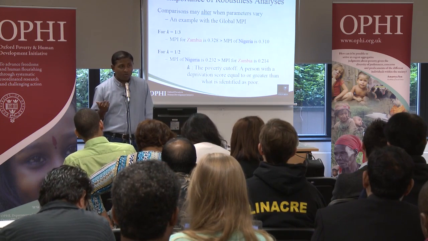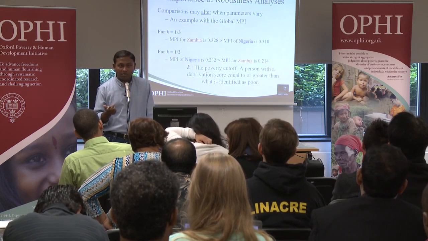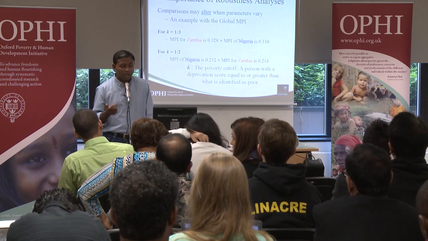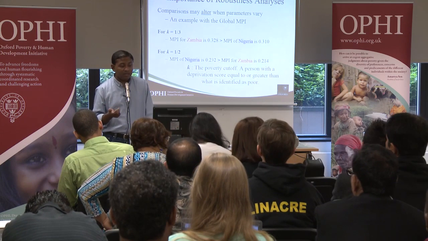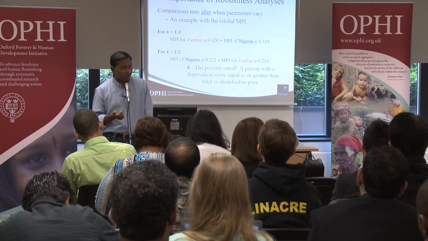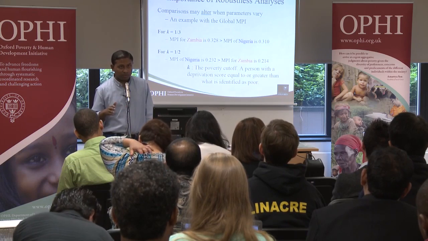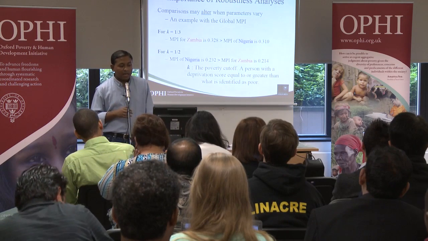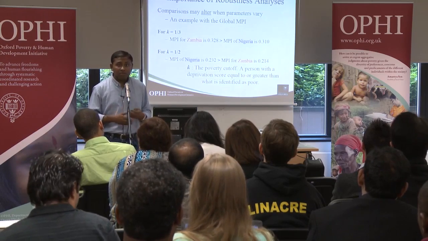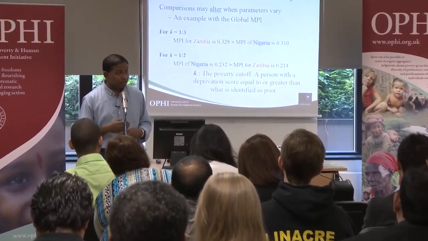Now someone says, you know what, k equal to 1/3 I find too mild. Probably k equal to half, 50% of weighted indicators. When we do the analysis, we find Nigeria is actually poorer than Zambia. So when you have a different choice of cutoffs, things can be different, or the comparisons may be reversed.